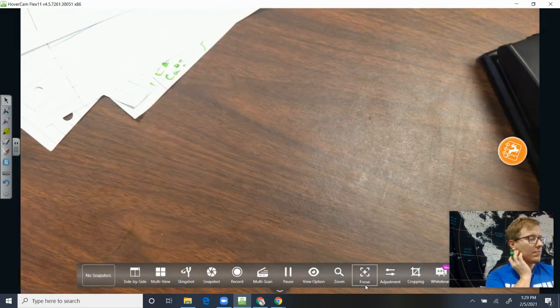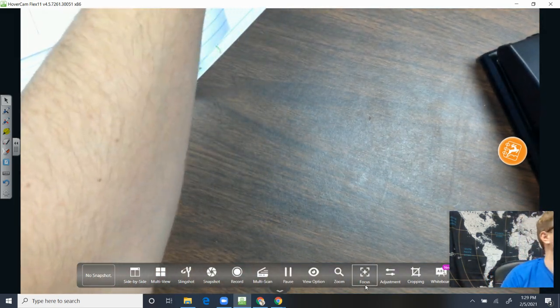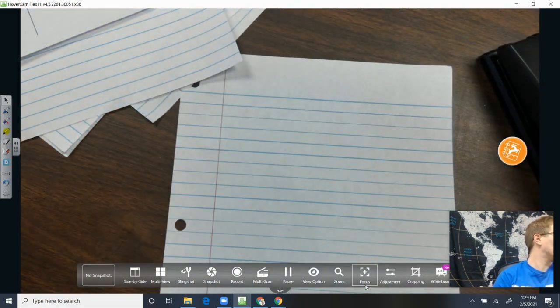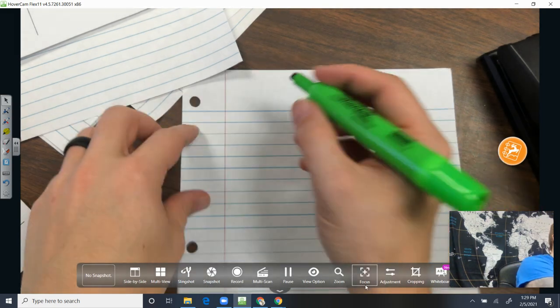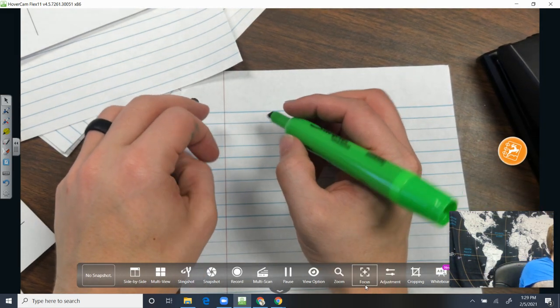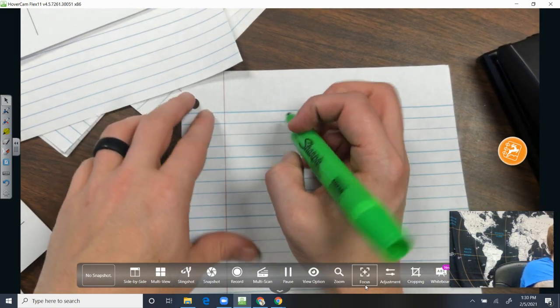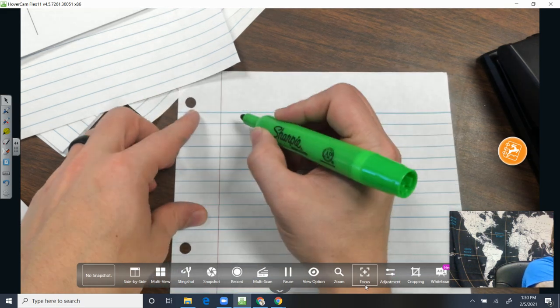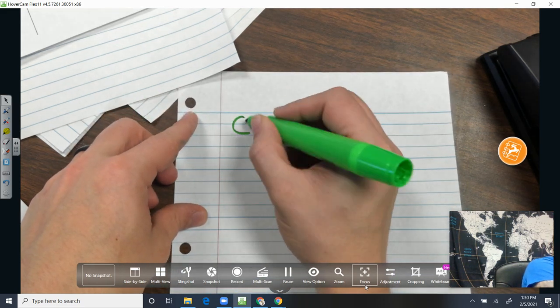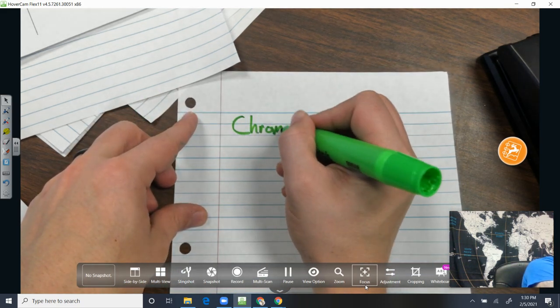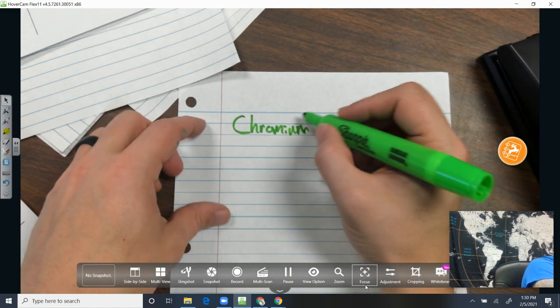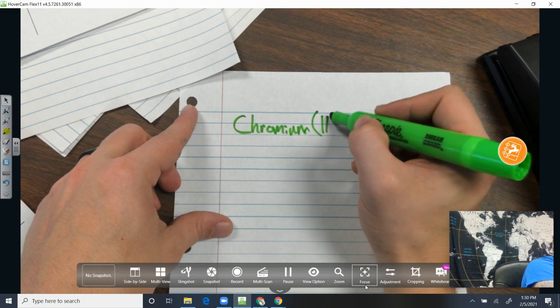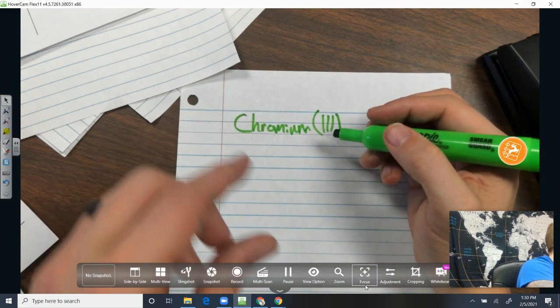Let's do one more example because that one is too easy. Say I give you chromium 3, and I'm bonding it with chromate. I don't know how to spell this stuff.